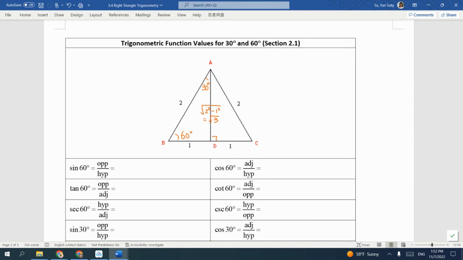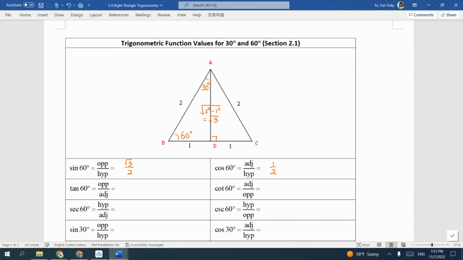60 degrees. So this angle is 60 degrees. Sine. Opposite over hypotenuse. Opposite is root 3 over 2. Yeah, so root 3 over 2. Okay. And cosine, 60 degrees. Adjacent, 1 over hypotenuse, 2.